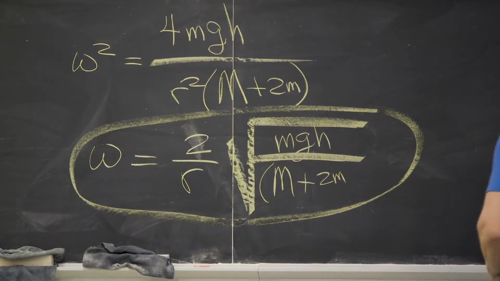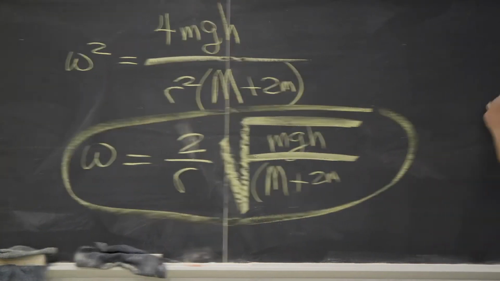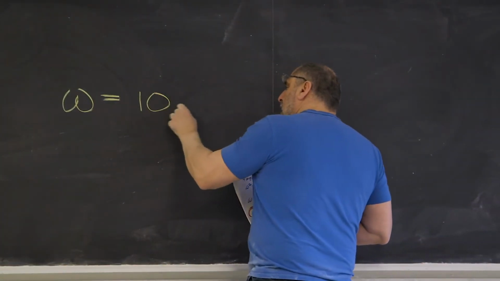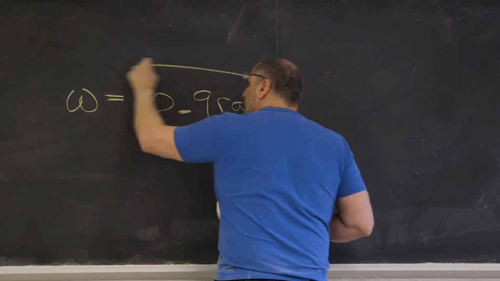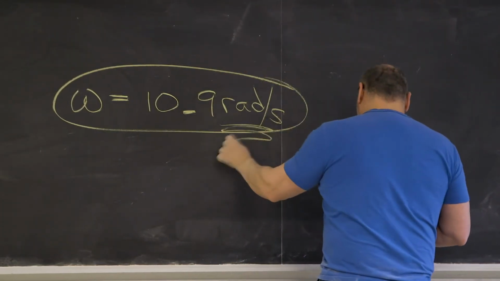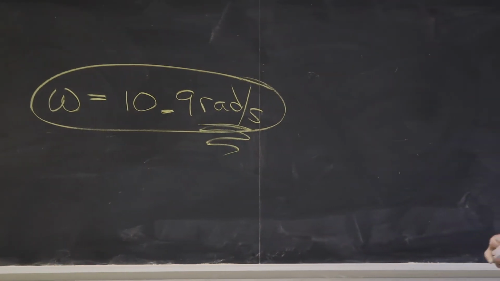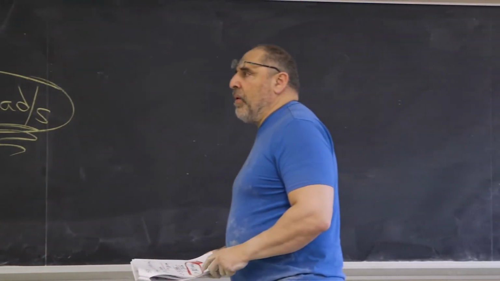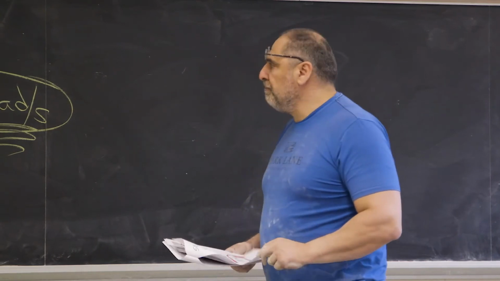I mean, you plug in all the values that they gave you into here. That's that. That is for that one right there. So it's not looking too bad. That'll take us through 58.